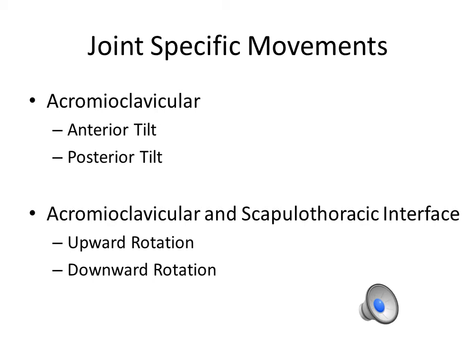The glenoid fossa in this case faces more superiorly, whereas downward rotation at the scapulothoracic interface is rotational movement of the scapula on the thorax so that the inferior angle of the scapula moves inferior and medially. The glenoid fossa then faces less superiorly.